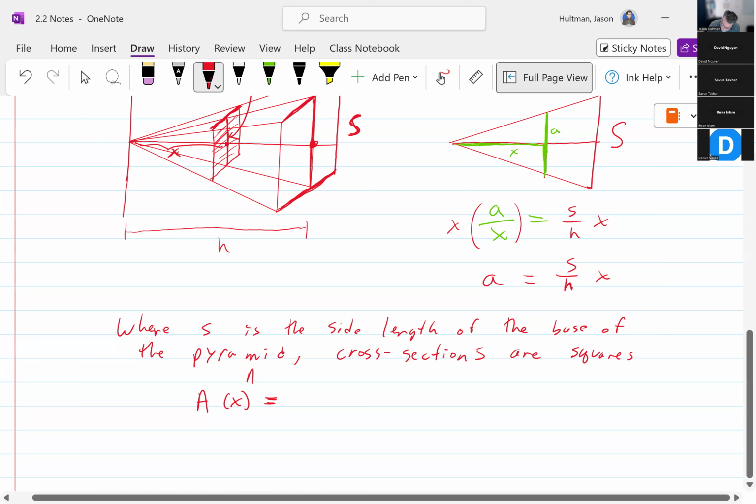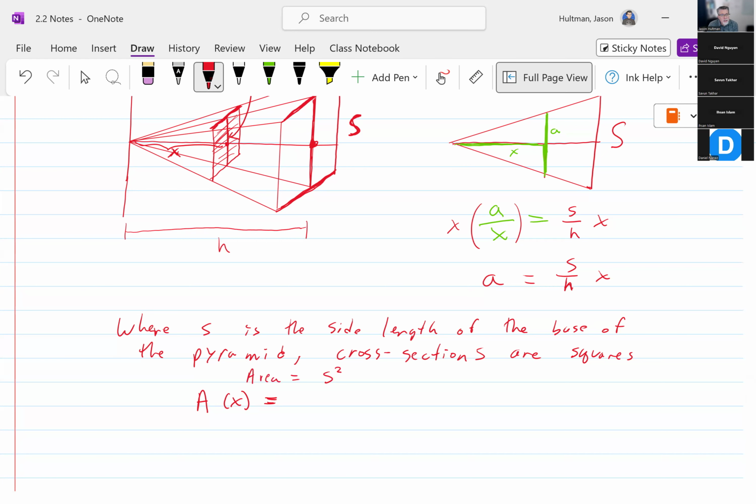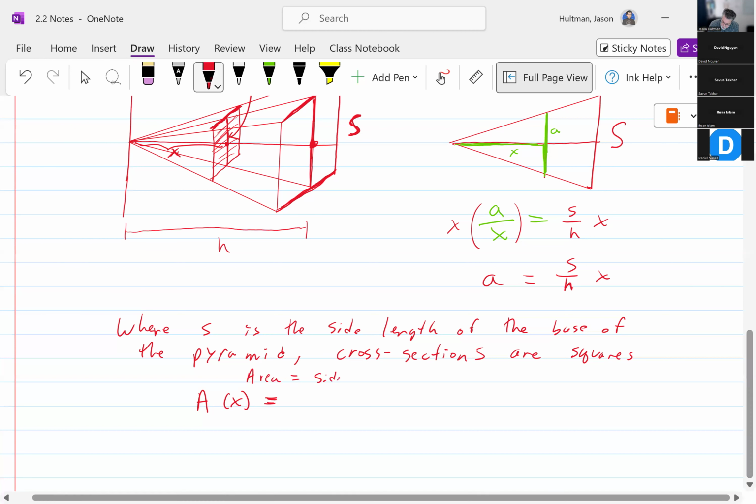The area of a square is just the side length squared. It's the side length times itself.